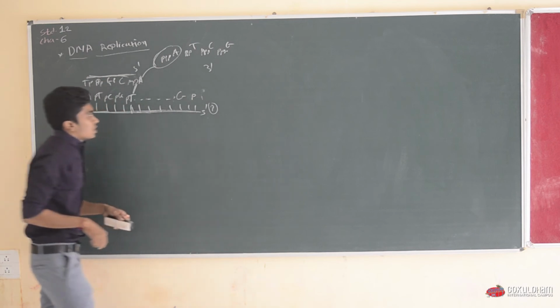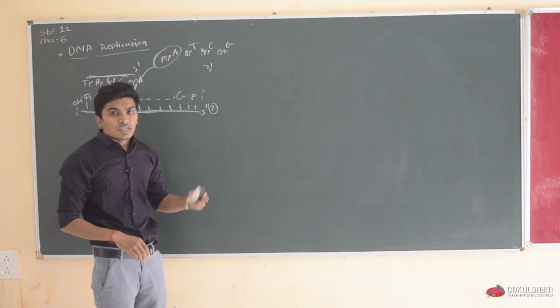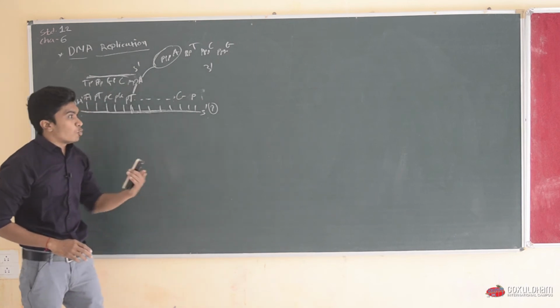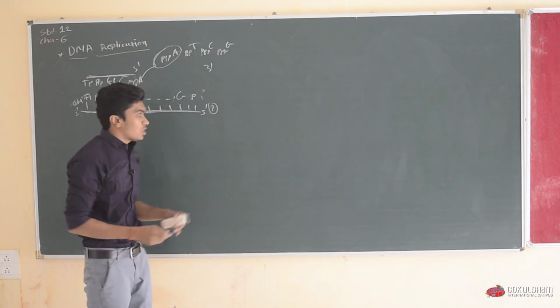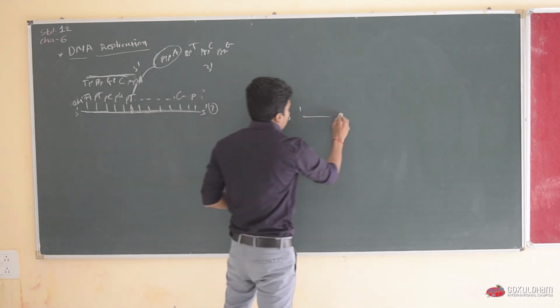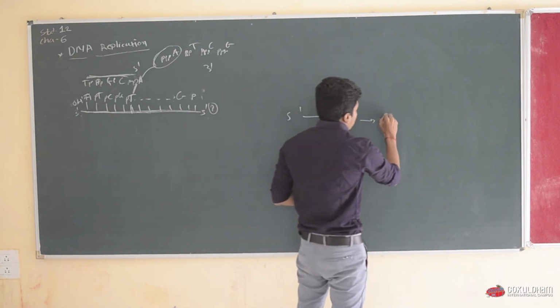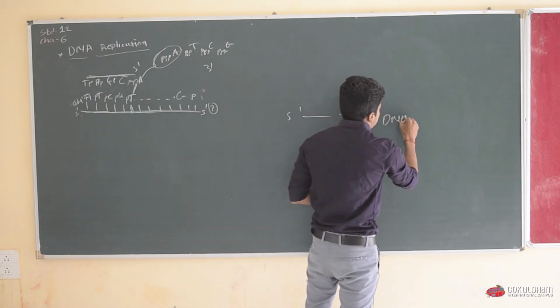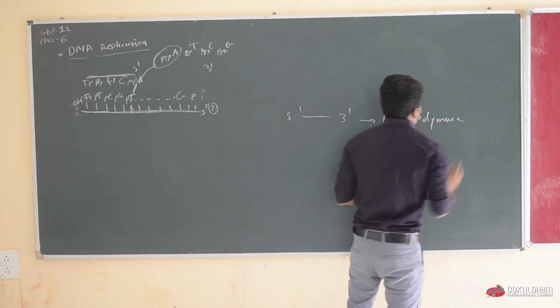Now a question arises: why does DNA polymerase polymerize the nucleotides only in the 5' to 3' direction? This can be asked in exam. In which direction does DNA polymerase work?